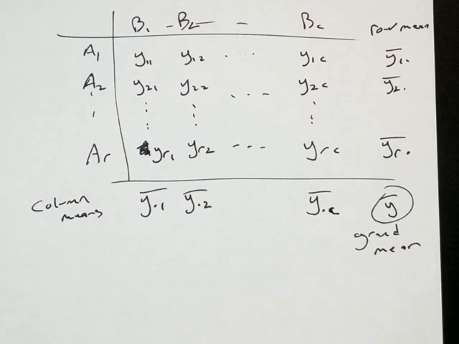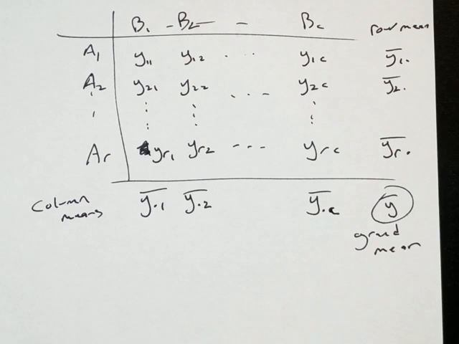All right. Again, I want to have a null hypothesis for the factors A and a null hypothesis for the factors B. So I'm hoping that all of the results are equal.